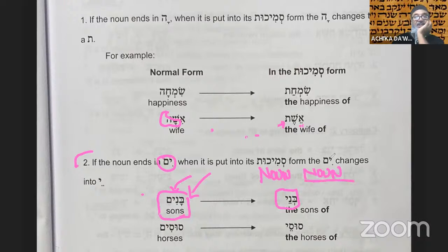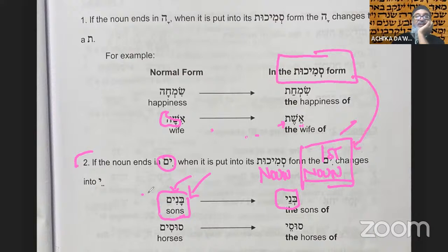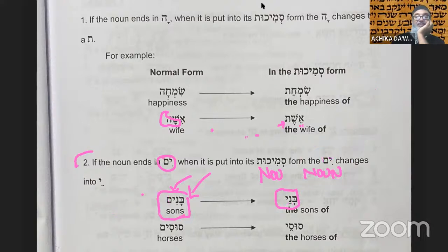So if I was to take the first noun, that's in the first place, from right to left, this one is called the Semi-Coup Form. So this one has to be changed if it ends in a yod and a mem. We have to convert it over to removing the mem and adding a little dot underneath the noon. Okay. So it's Baneh versus Banim.